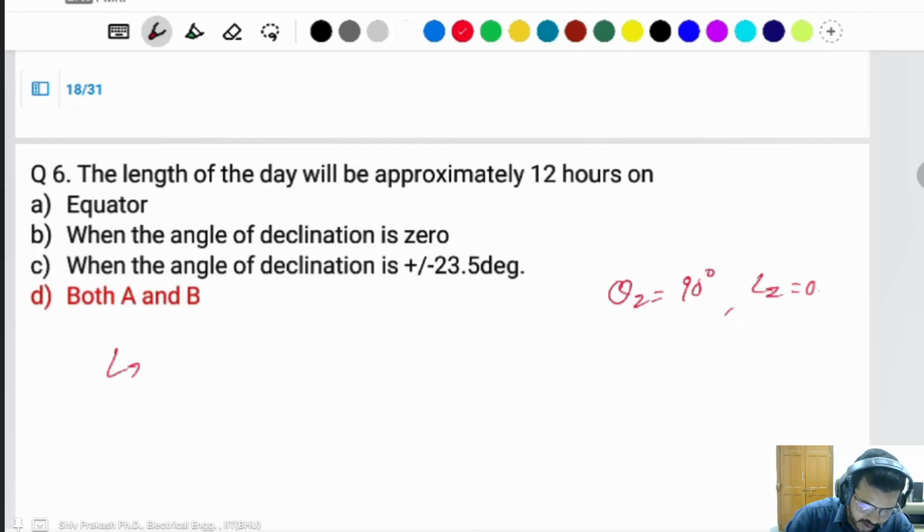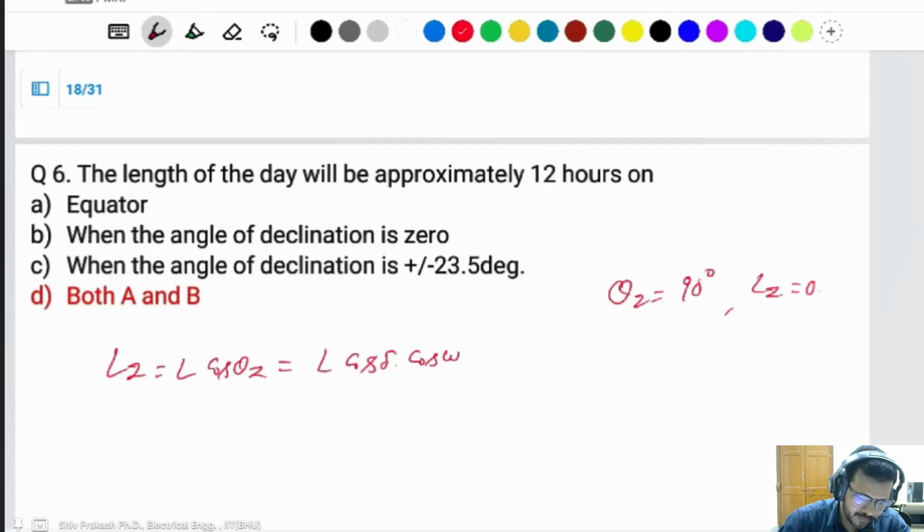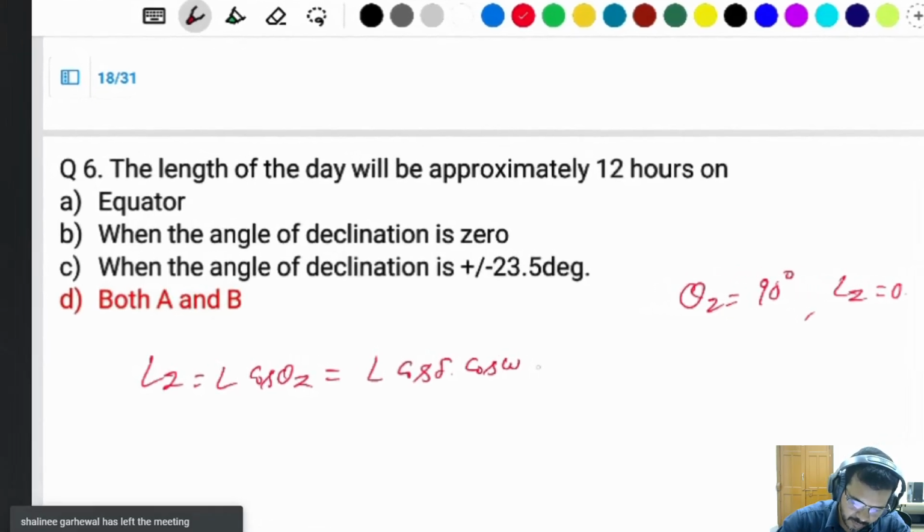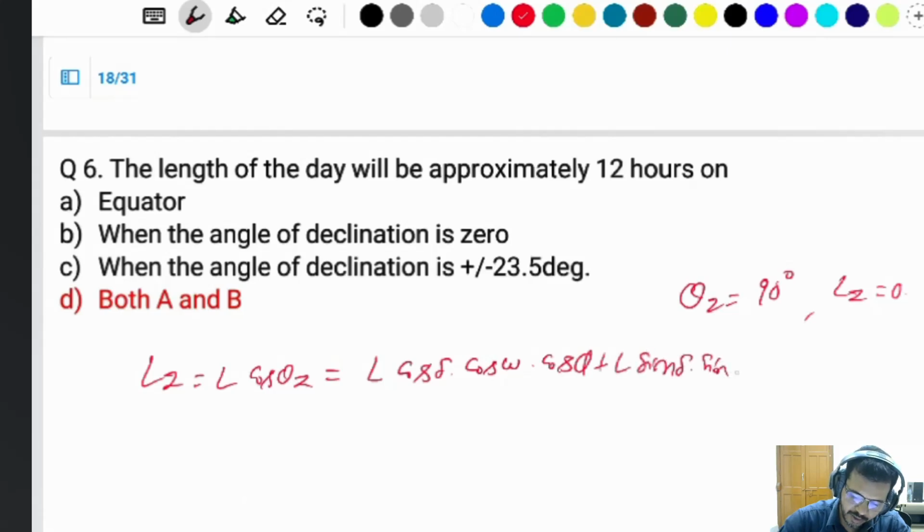And you know about Lz, it will be L cos theta z, L cos delta into cos omega cos phi plus L sin delta into sin phi.